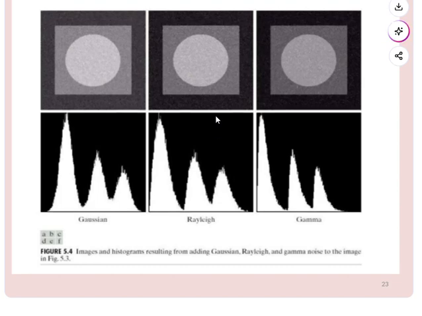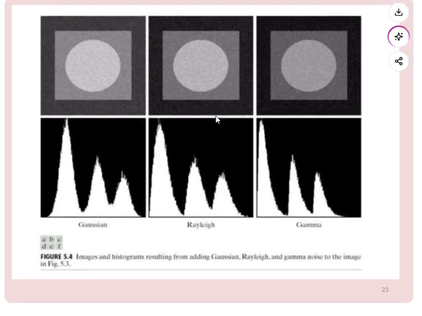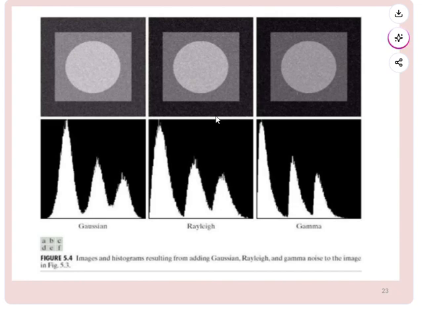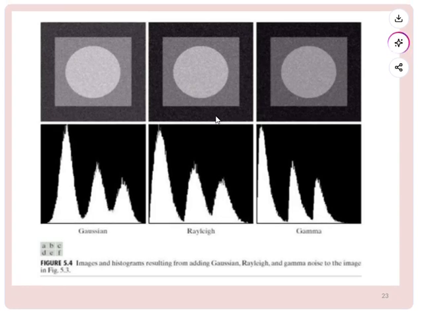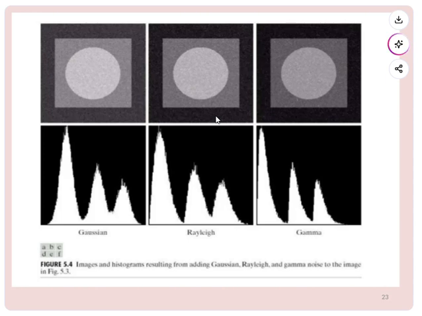Next we'll discuss the images and histograms resulting after adding the gamma, Rayleigh and Gaussian noise. So this is the diagram. Here you can see in Gaussian noise the spike is at the middle, whereas in Rayleigh noise it is tilted, whereas in gamma noise it is further moved towards the left side.